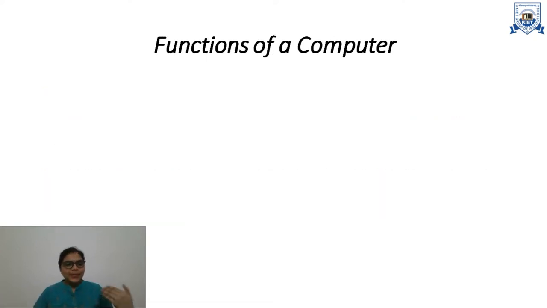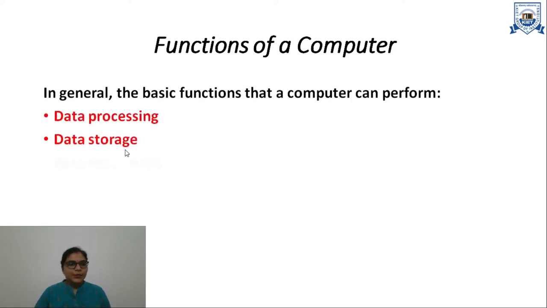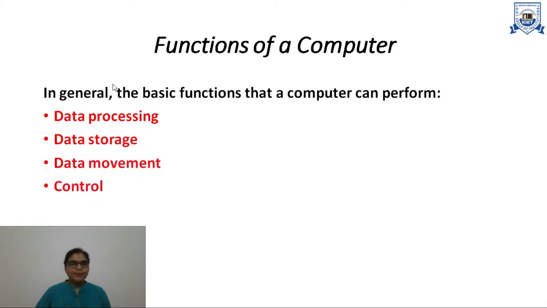Now, what are the basic functions of a computer? In general, the basic functions of a computer are data processing, data storage, data movement, and control. Data processing is the main function of a computer. It processes the data and performs various arithmetic or logic operations on it.